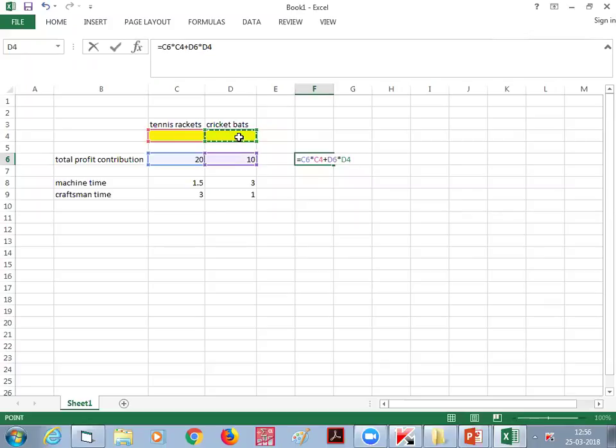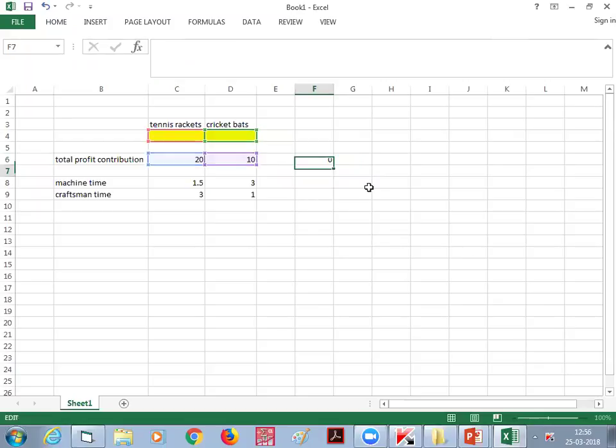And I want those cells to be fixed because I'm going to copy them down. So I'll put a dollar sign. Everyone knows why I'm putting a dollar sign? Because when I copy it, that same cell should be fixed.